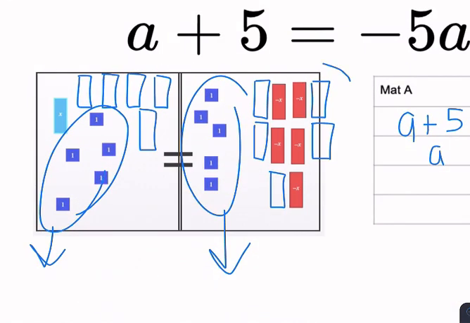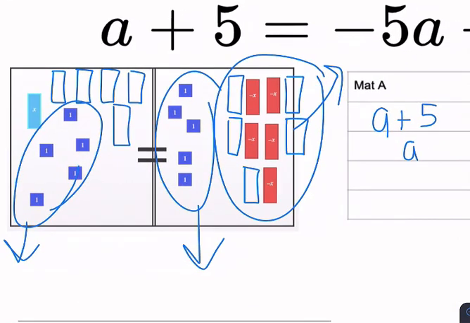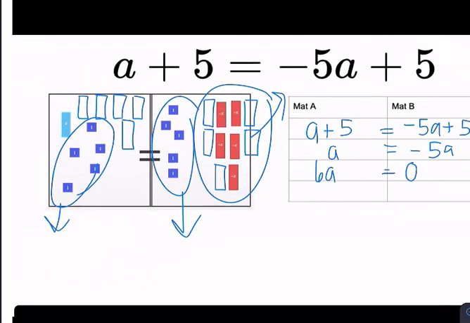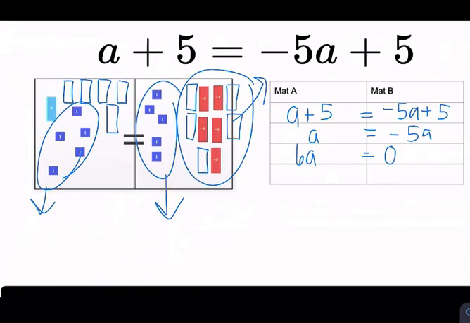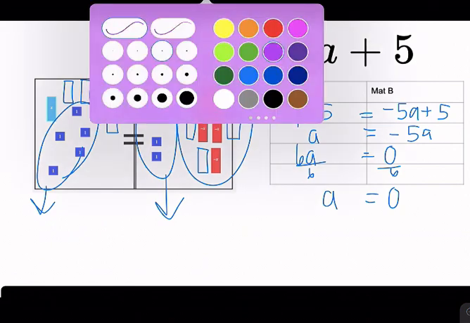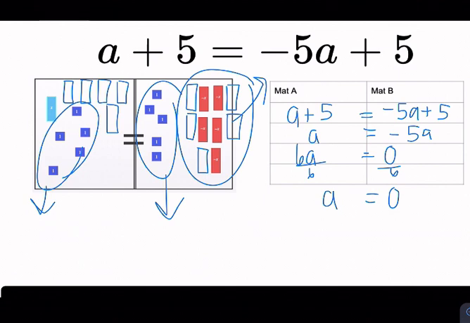So these all make zero pairs, and I'm left with 6 positive a's and 0. So 6 times what is 0, or I can divide by 6, either way, and every time I'm going to get a equals 0.